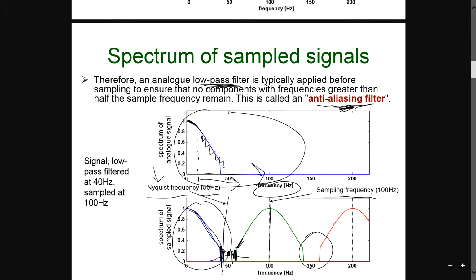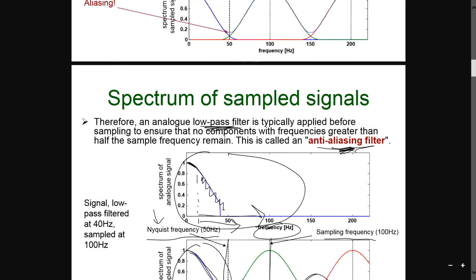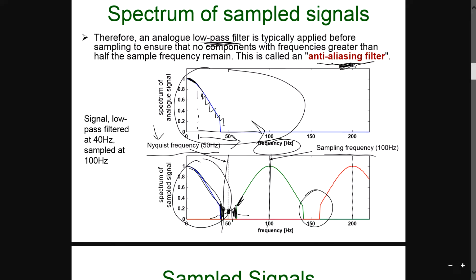So we don't even need any method to solve the aliasing, because in order for aliasing to occur, you need to be at least 50 Hz. But if normally your working frequency is only at 20 Hz, you don't even need to go into 50 Hz at all.